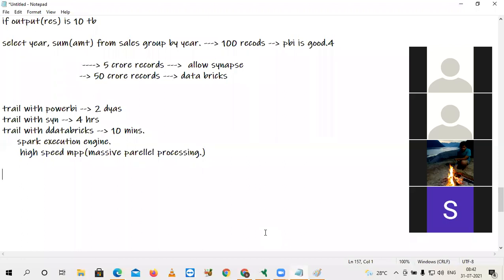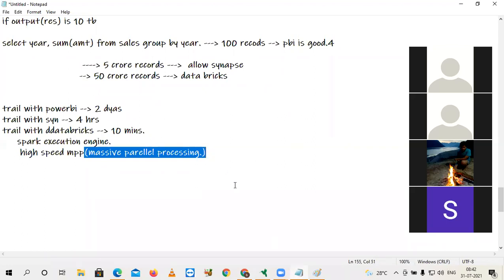Even 100 sticks distributed to 100 people can be broken within 1 minute. That is exactly the parallel process. In the Spark architecture, we will discuss completely how Spark works.